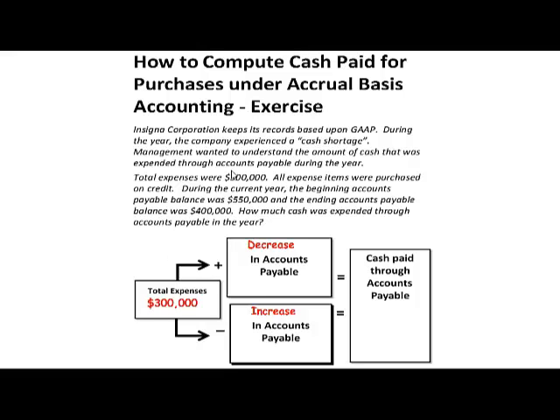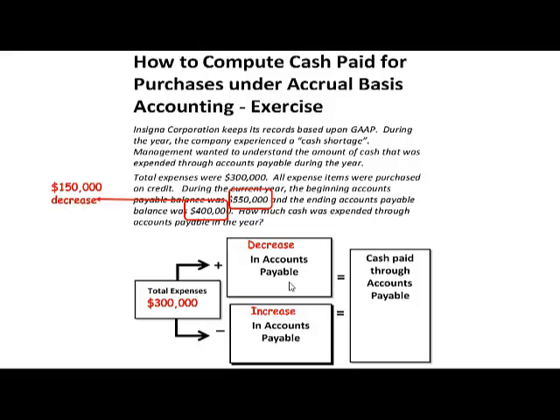Okay, the first thing is we know total expenses were $300,000, so we place them in the total expense box. Now we have to determine whether there is a decrease or an increase in accounts payable. We know at the beginning of the year there was a $550,000 balance in accounts payable. At the end of the year, there was a $400,000 balance, meaning that we had a $150,000 decrease in accounts payable.